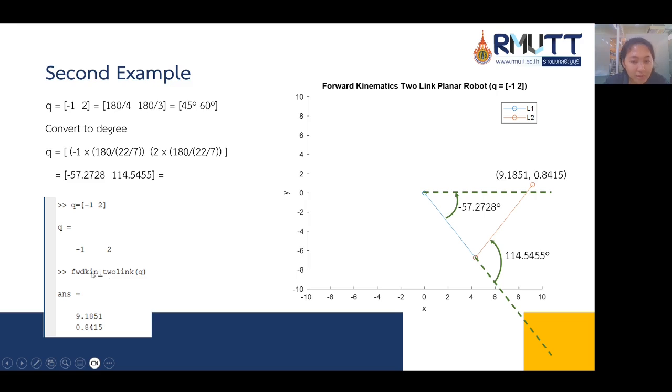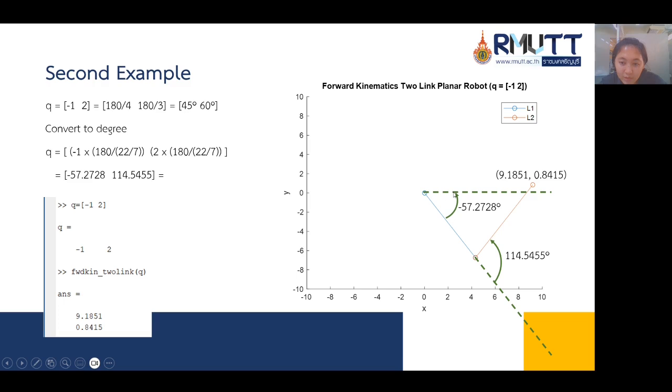Then call the M file named forward kinematics of two-link planar robot with the variable Q. So the answer for the position of the end effector, coordinate x, y, is x is 9.1851, and y is 0.8415, and the illustration is like in this picture. This is the first joint, this is the second joint, this is the first link L1, and this is the second link L2, and this is the coordinate of the end effector.